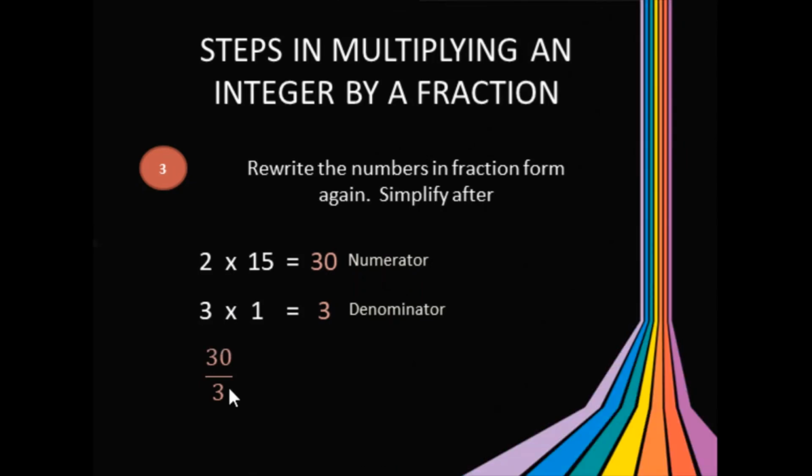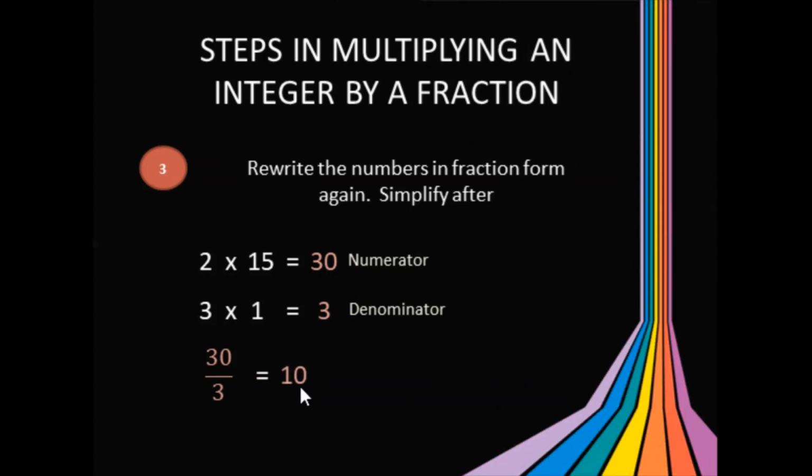Then, simplify it. When you see a fraction bar, it also means division or divide. So what is 30 divided by 3? That is 30 divided by 3. How much? We get 10.